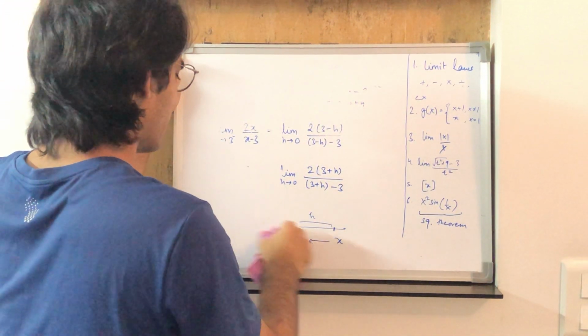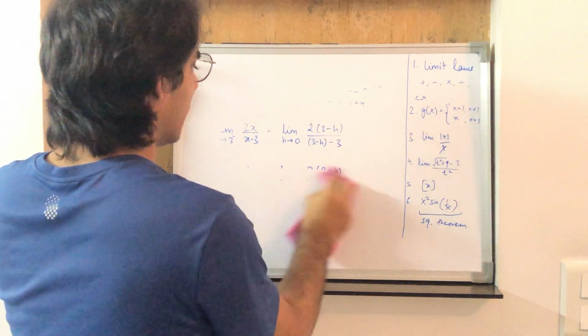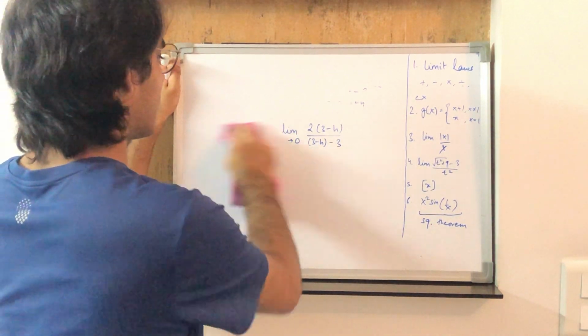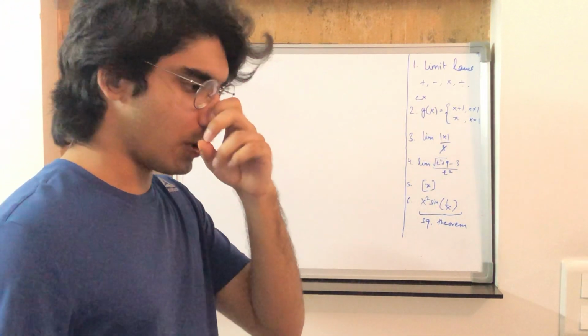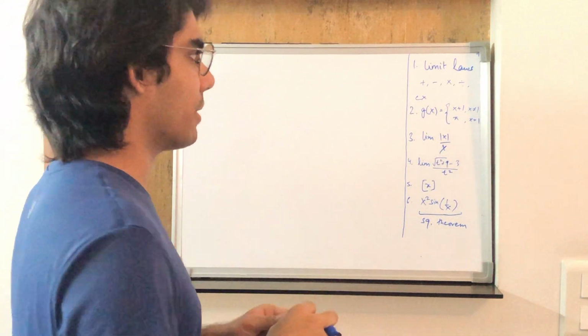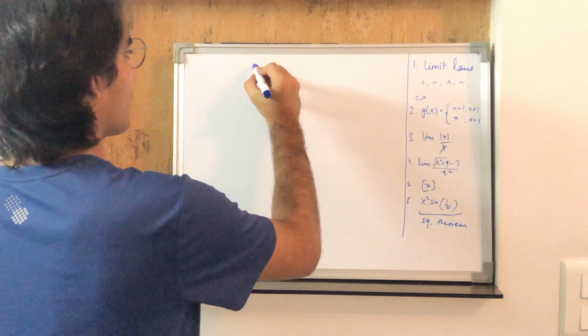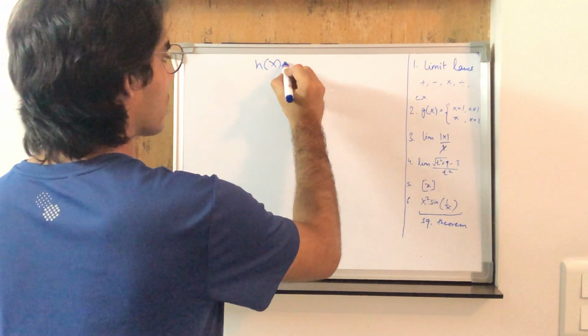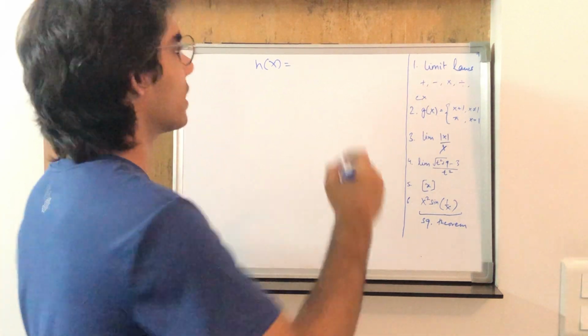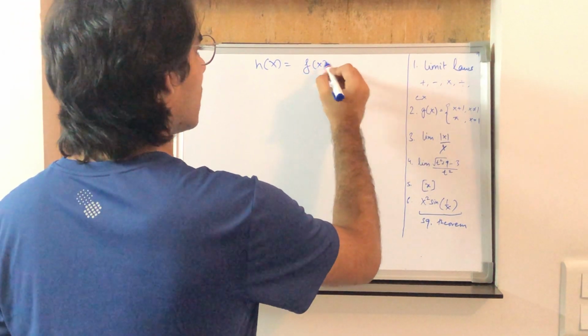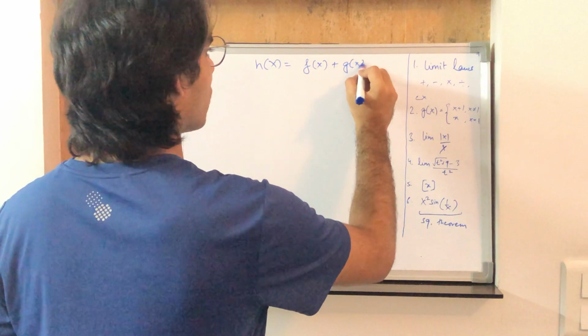Limit laws are pretty straightforward. They are intuitive, they make sense, and you're not going to get super difficult questions pertaining to limit laws. All right, so let's say you have a function h of x, which is a combination of two other functions, f of x and g of x. So you have f of x plus g of x, which is equal to h of x.